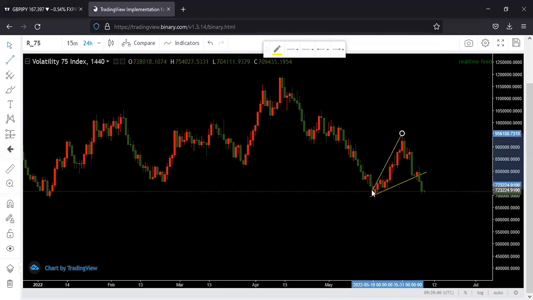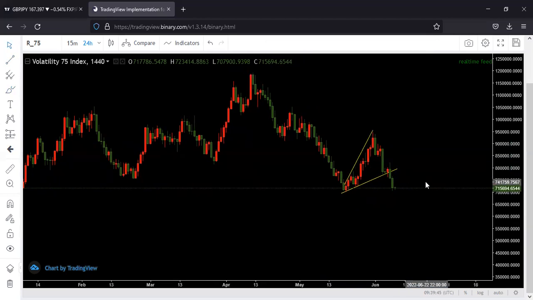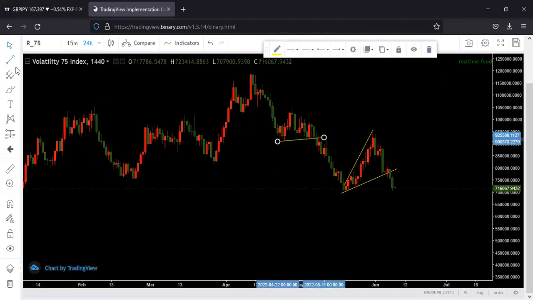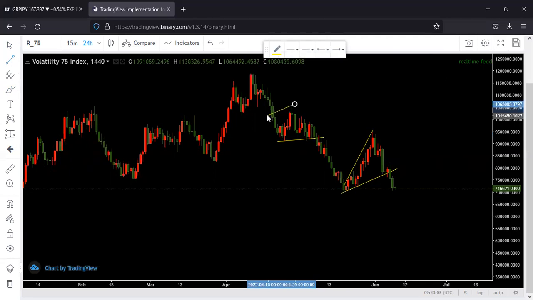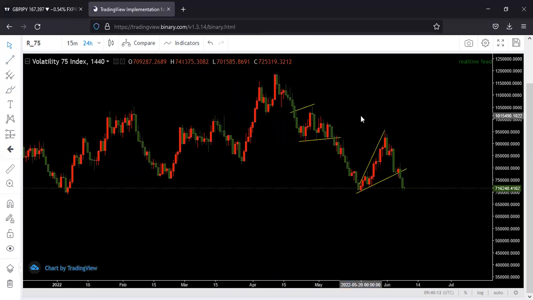So impulsive phase, correction, then impulsive to the downside, whether to the downside or to the upside. But in this situation, we shall be talking about the downside, as you can see here. So again here, I'm going to use this trend line to draw this kind of pattern, as you can see here. Just make sure you keep it simple and be clear. Okay, all right. So you see, so this is our structure.